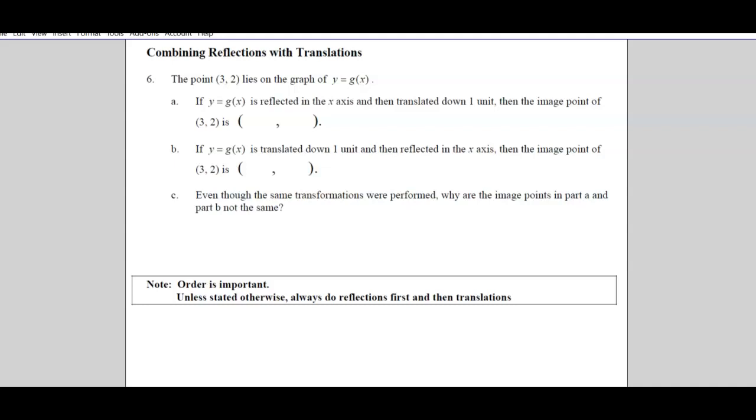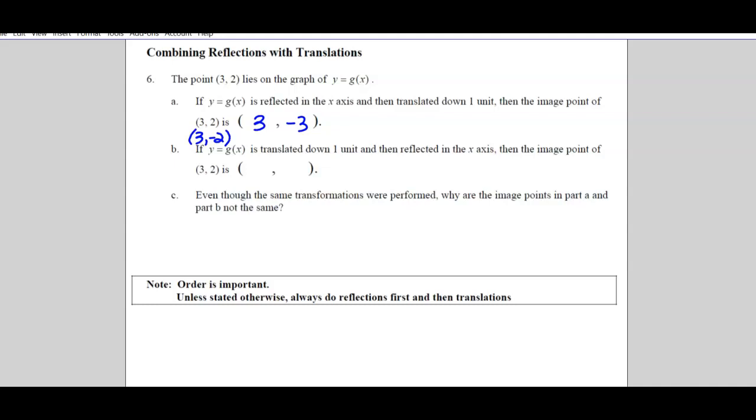So if g of x is reflected in the x-axis, so up here goes down below or vice versa, and then translated down with the image point. Reflected in the x-axis makes this become (3, -2), and then translated 1 down would make this (3, -3).